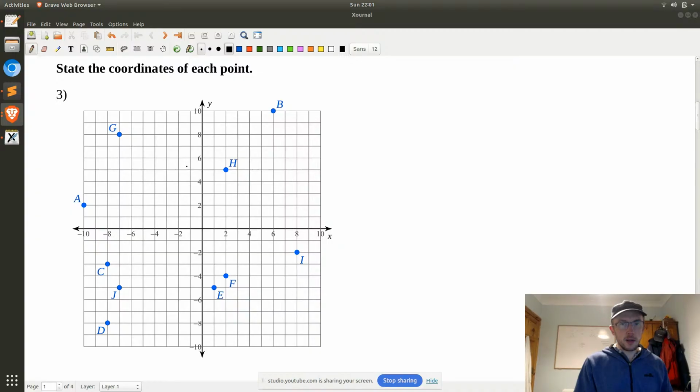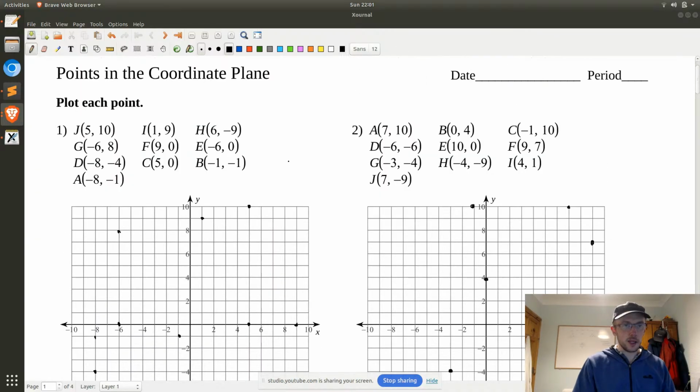We shall name our points and specify them as was done up here.